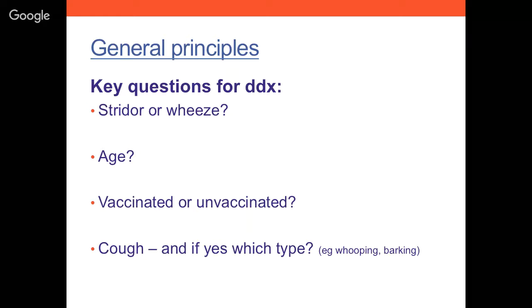You also want to find out if they're vaccinated or unvaccinated. They will generally make that really clear, or else they'll make an insinuation that they're hippies who eat organic or something like that. If they're unvaccinated, what are you worried about? What else? It's one other thing.